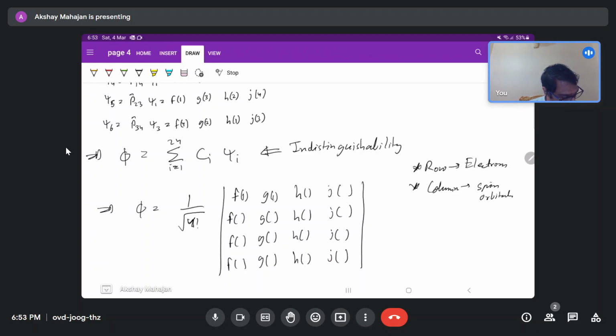So this row will be for electron 1, this row will be for electron 2, this row will be for electron 3, and this row will be for electron 4.